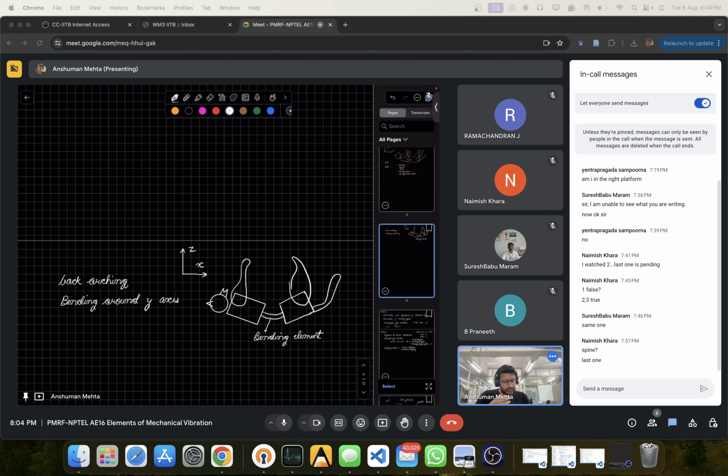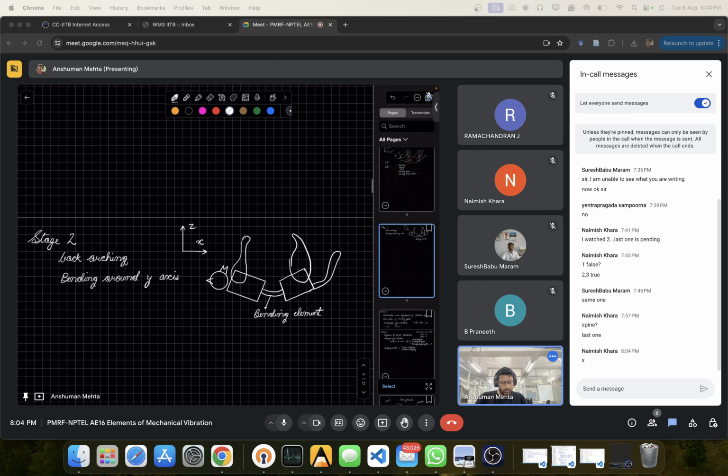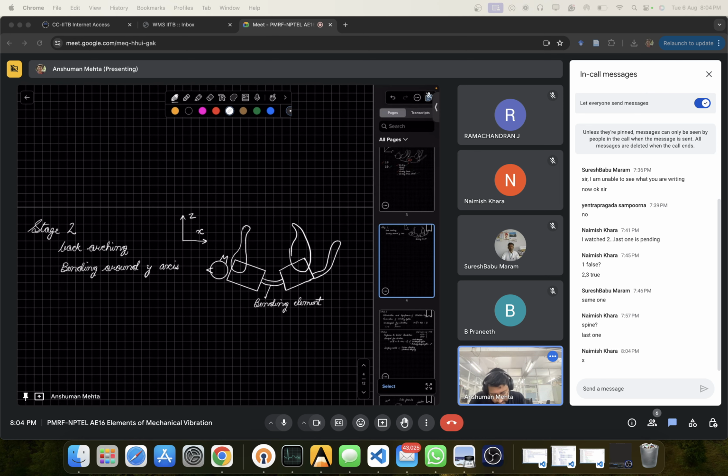And at what axis the twist is happening? About x-axis the torsion is happening.